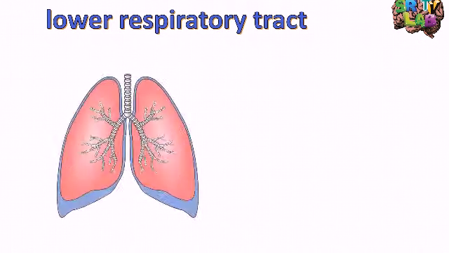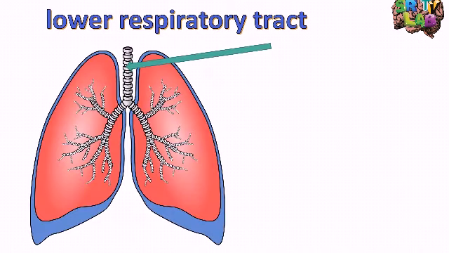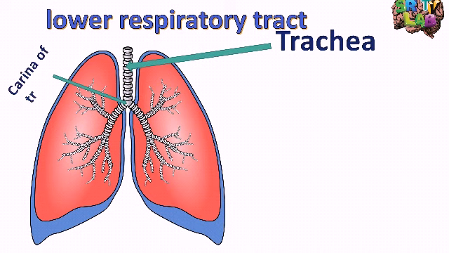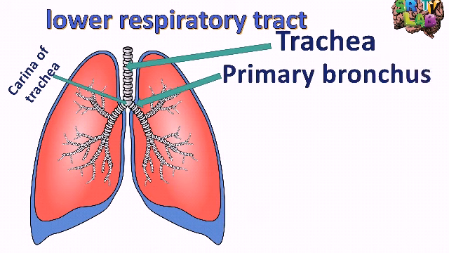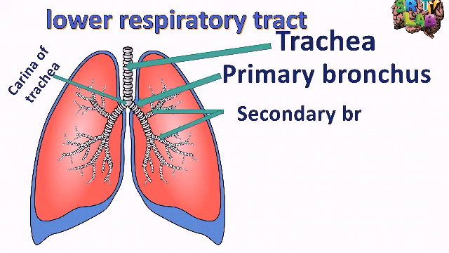The lower respiratory tract. We start from the trachea, then at the junction where the trachea gives out two branches, it is called the carina of the trachea. Then we see the primary bronchi. There are two, the left and the right one. Then we see the secondary bronchi.